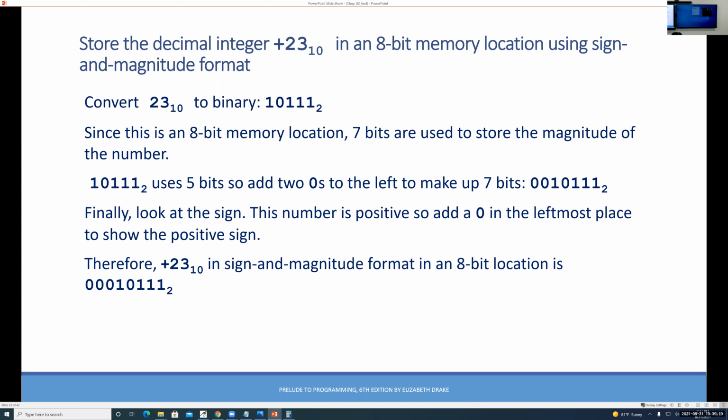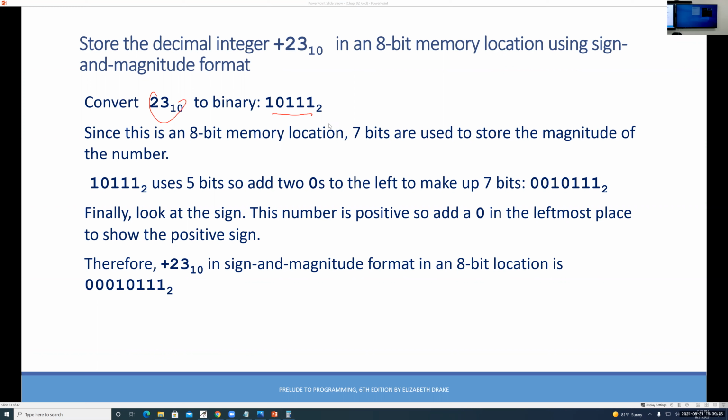Okay, so here, if you want to store the decimal integer number positive 23 in 8-bit memory, this is a positive number, right? The first step is just to convert 23 to binary. You know it's 8-bit memory, and the leftmost bit is reserved for the sign, so you need 7 bits.